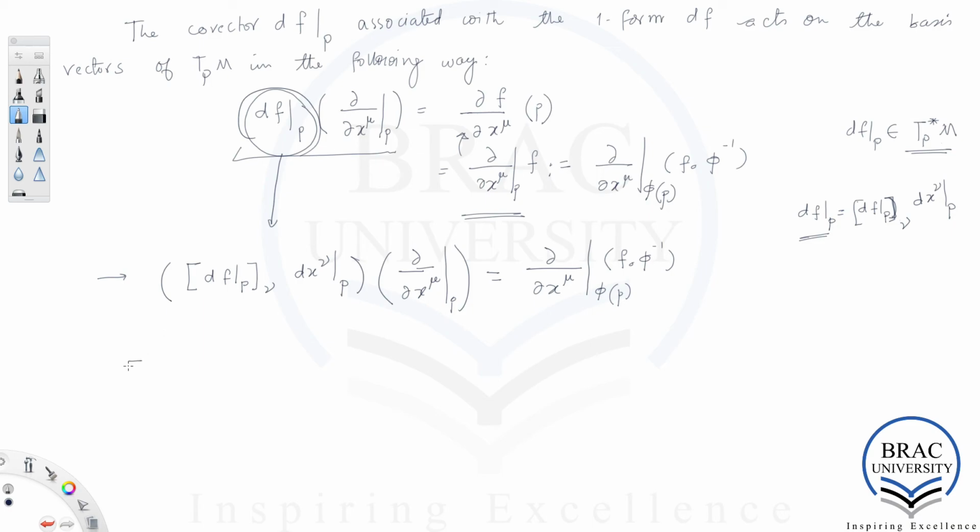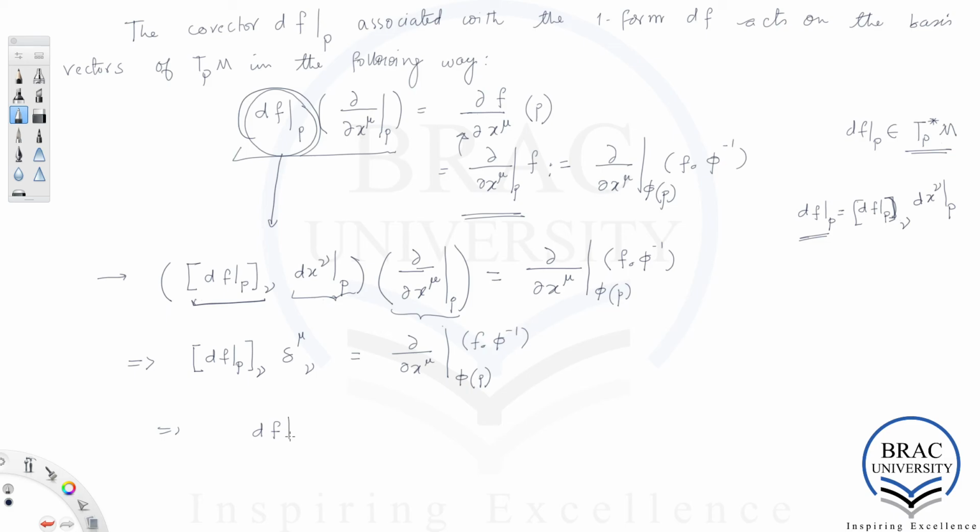So now it implies that, so this is just a number. So it doesn't do anything here. It acts on this guy. This basis covector acts on this basis tangent vector to give a Kronecker delta, right? df at p mu, and there is this Kronecker delta mu, is equal to del by del x mu of this expression f composed with phi inverse evaluated at the point phi of p.